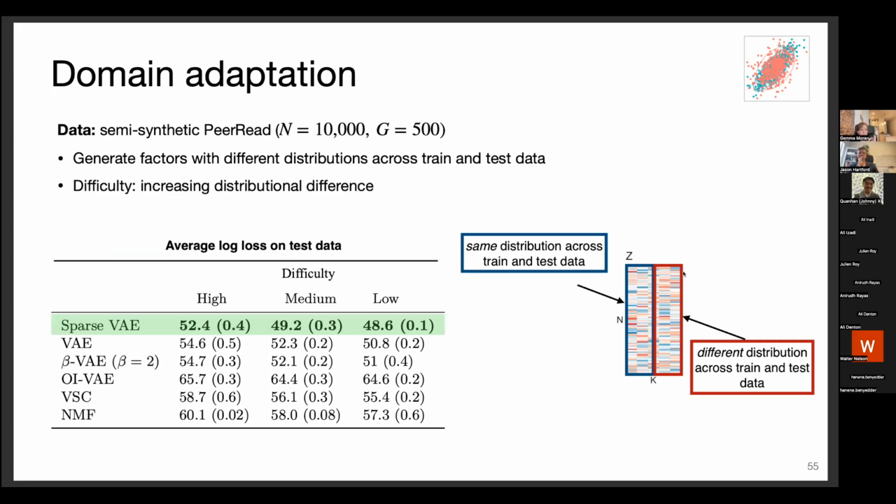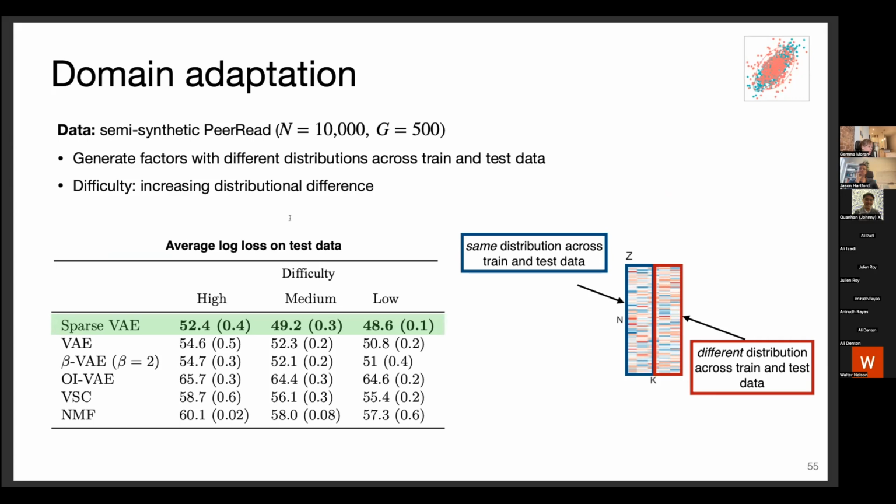Whereas if you're completely entangling the coordinates, then you'll do a worse job overall. You're not going to get anything right on the test data. So we look again at the average reconstruction loss on test data across different levels of difficulty, increasing the distributional difference between the train and the test data.